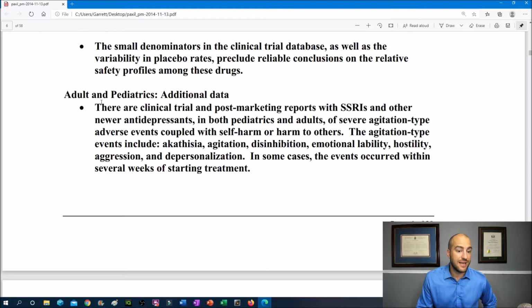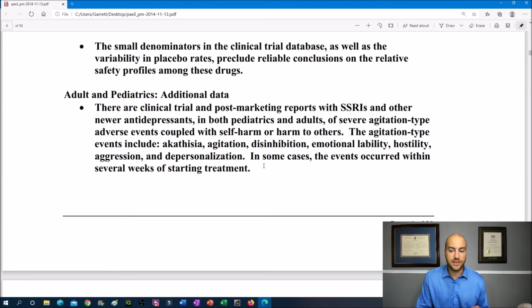So, adult and pediatrics, additional data. There are clinical trial and post-marketing reports with SSRIs and other newer antidepressants in both pediatrics and adults of severe agitation type adverse events coupled with self-harm or harm to others. The agitation type events include akathisia, agitation, disinhibition, emotional lability, hostility, aggression, and depersonalization.